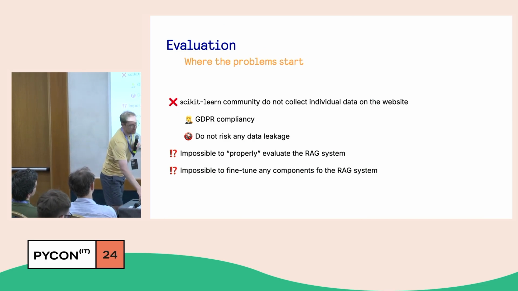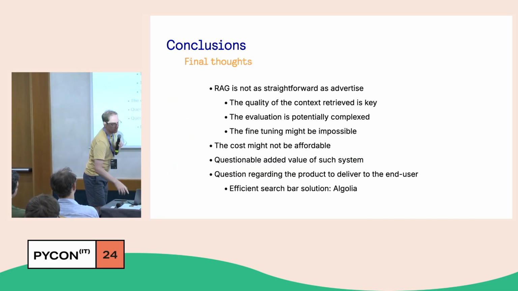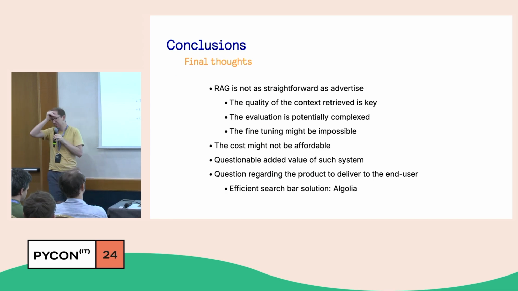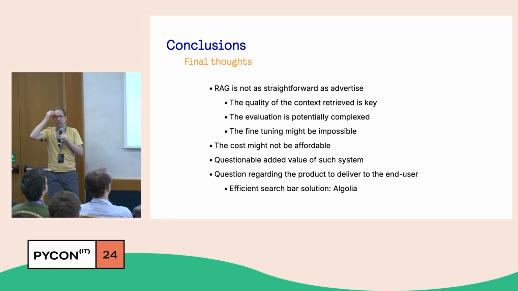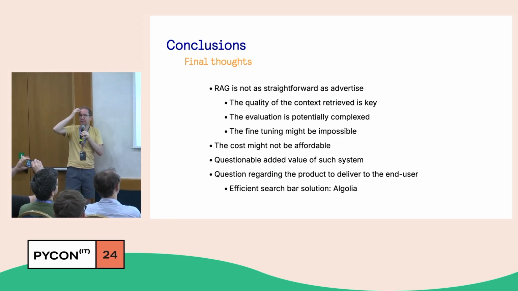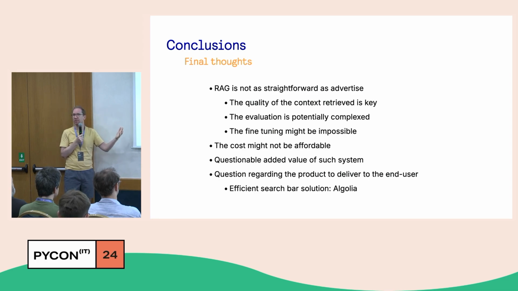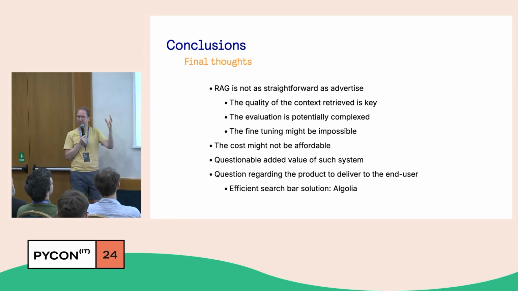And the second thing that I didn't speak about here, but I think I have inside the final thoughts, is the cost. We are poor open source projects, so if we need to use some scale GPU to retrain or fine-tune, we don't have the money for that. And if we need to serve the model itself at inference time, we need one GPU.